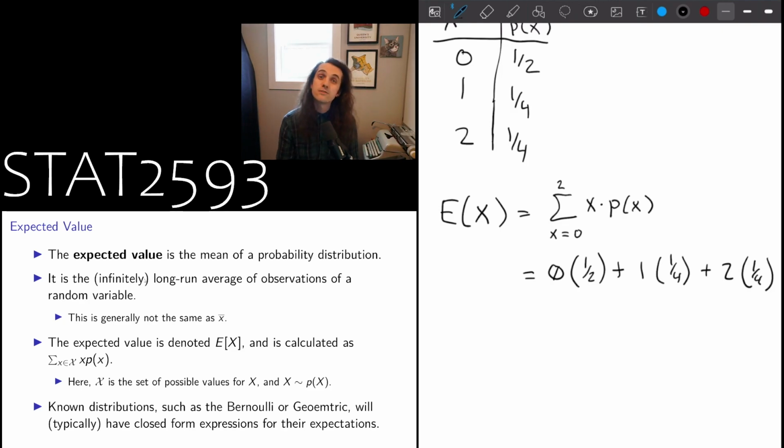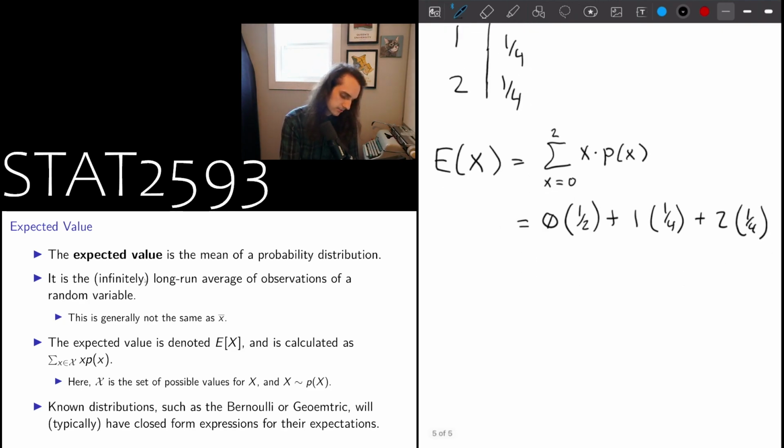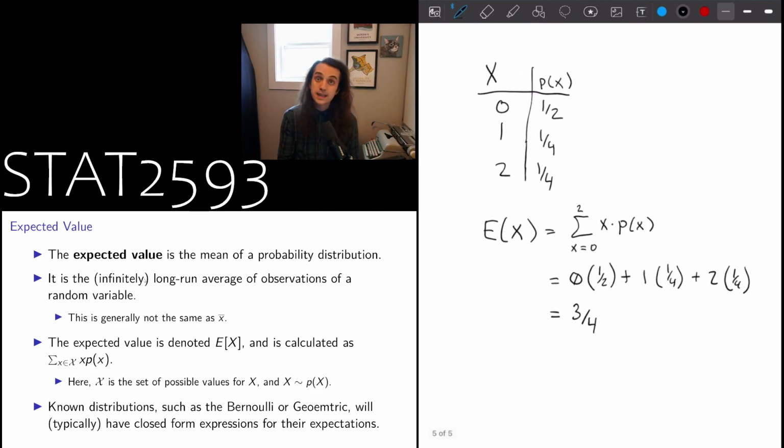And so you can see this feels exactly like doing the sample average calculation, right? And so then we'll get 0 plus 1/4 plus 2/4. So this is going to be 3/4. And so the idea is that if we were to run many experiments observing x here, then in the long run, the average that we should expect to see is 3/4.